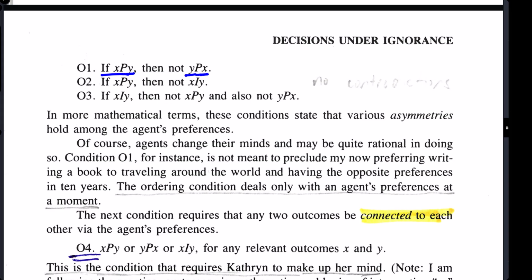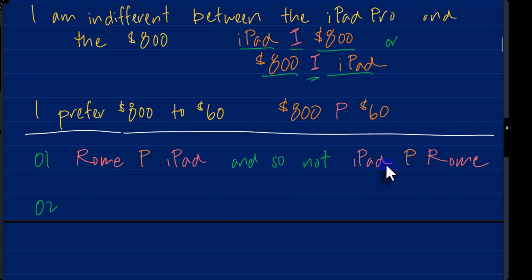Okay, and then the second condition, if an agent prefers X to Y, then that agent is not indifferent between X and Y. So again, I prefer the trip to Rome to the iPad Pro.